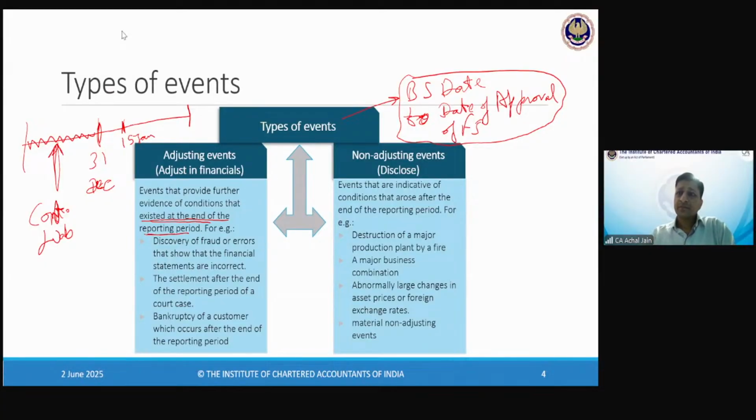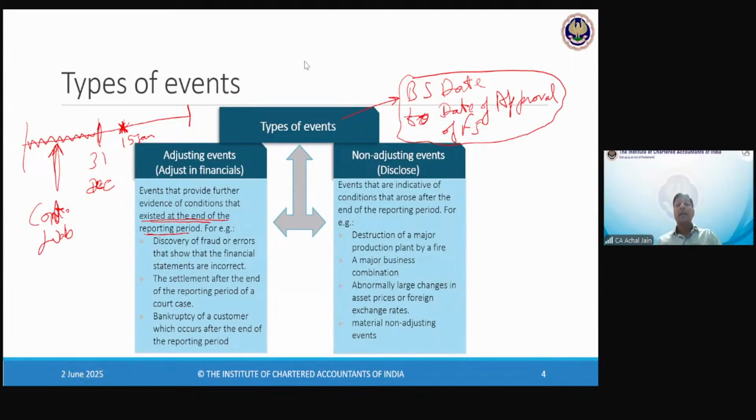So now the company lost the case, and the final outcome is there on 15th of January. So when is this event taking place? After the balance sheet date.